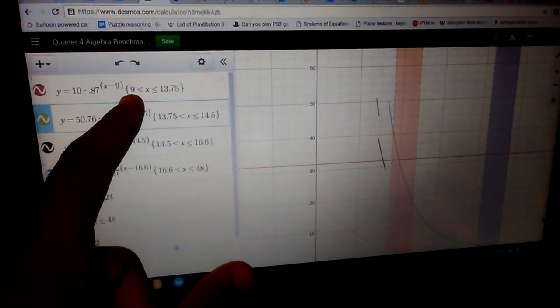So this is the first line that represents the first amount of caffeine that I had at 9 hours, which would be 3 p.m. day one in military time. That's this graph right down here.